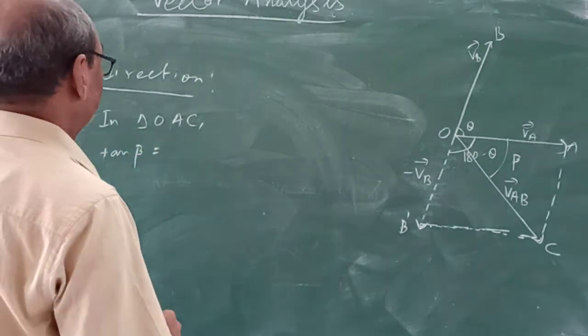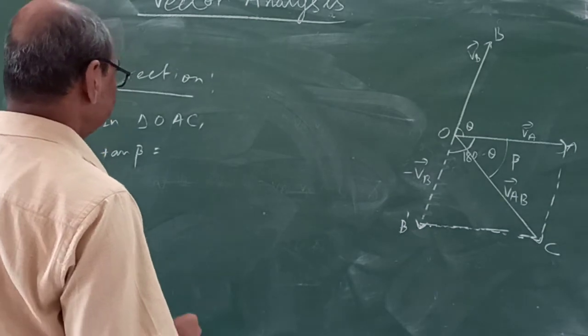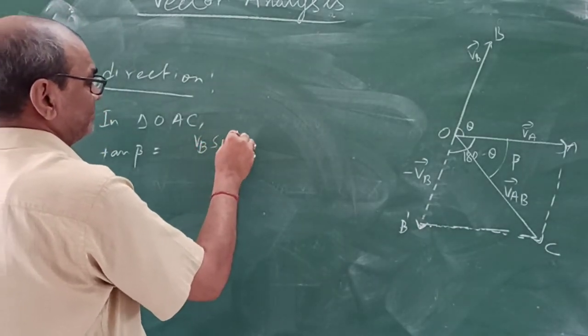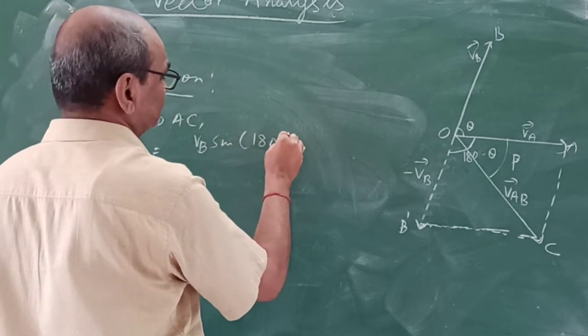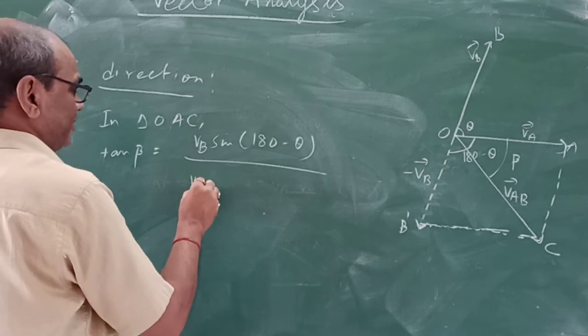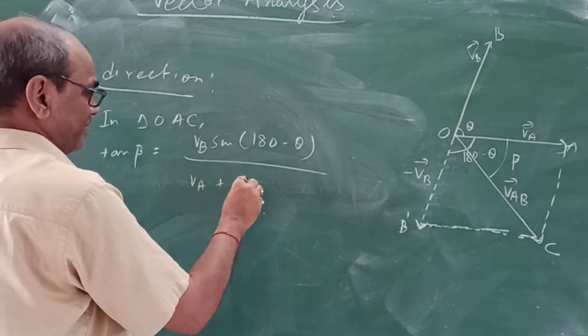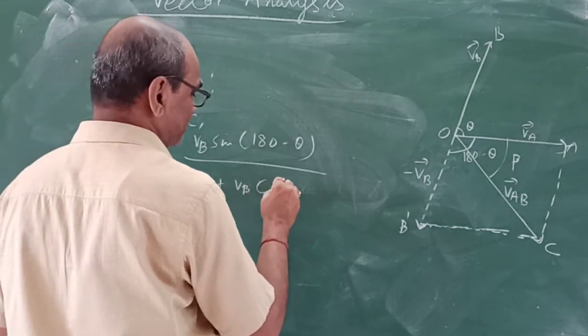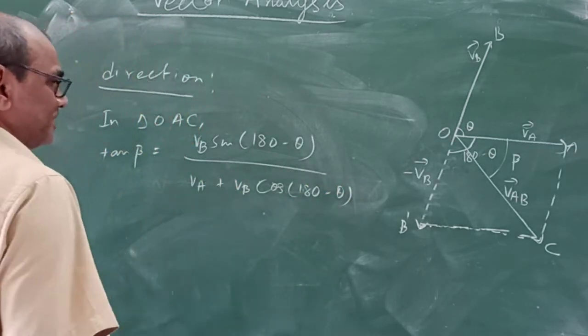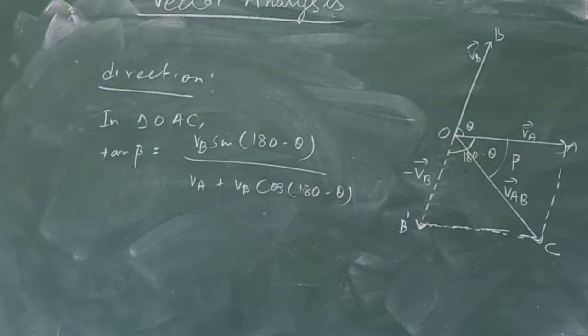tan beta is equal to VB sin 180 minus theta by VA plus VB cos 180 minus theta. That we obtained from the parallelogram law of vector addition. Tan beta is equal to B sin theta by A plus B cos theta.